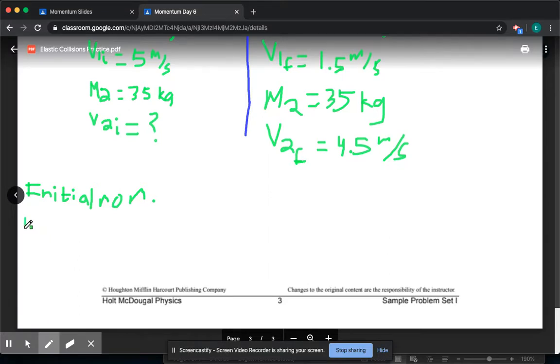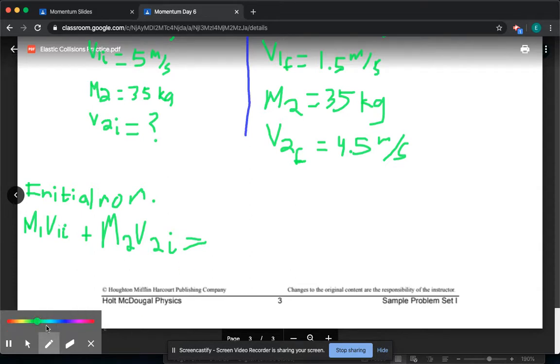So it's M1 V1I plus M2 V2I. This has to equal your final momentum.